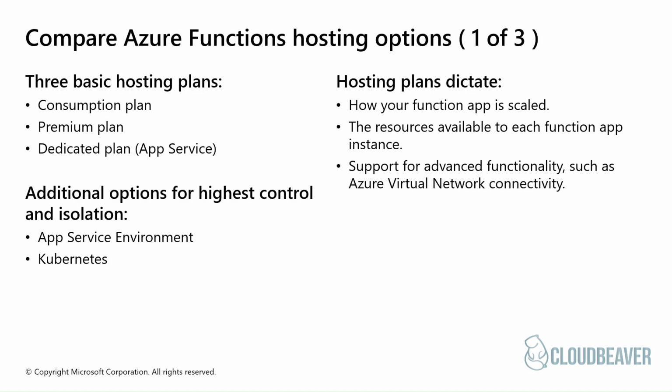Similarly, the dedicated plan, which is your App Service plan, has the same pricing tier options which we discussed in the previous lesson on Azure App Service plan, and the same can be used here as well. Similarly, you can also use App Service Environment, just in case you want to run a function on a dedicated virtual network. Then you have Kubernetes. The Azure Kubernetes cluster can also be used by you, and that's a scenario where AKS is an option to run your functions, which is also possible with isolation.